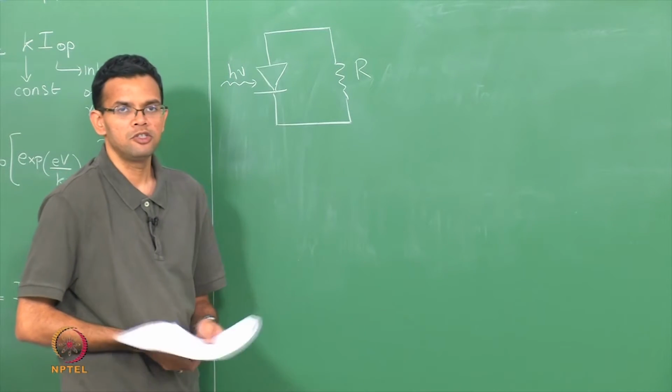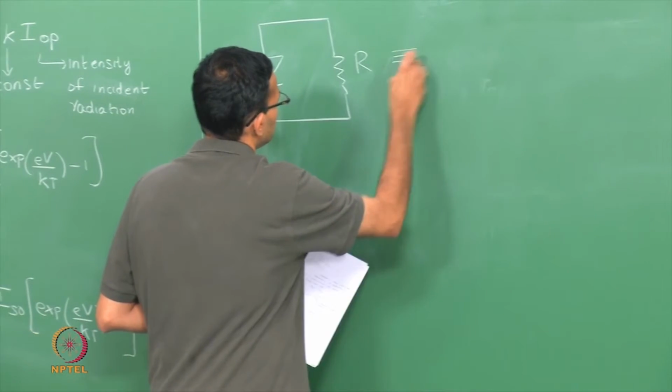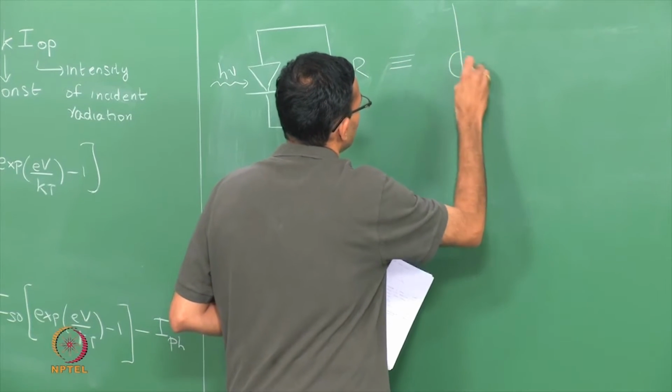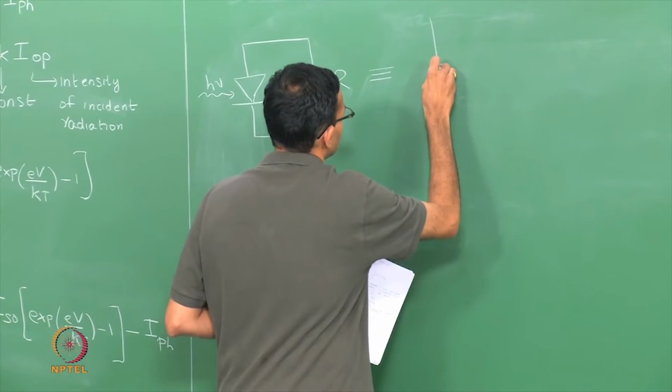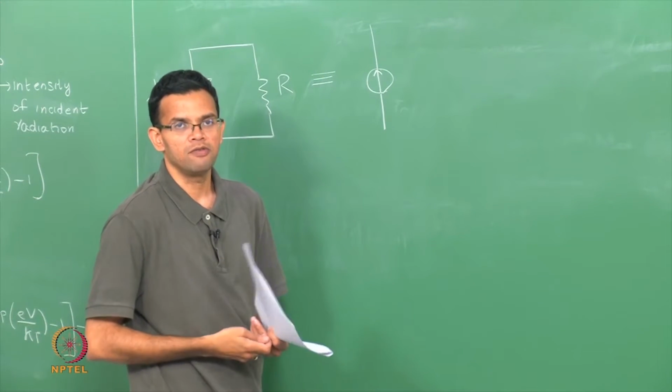So, it is possible to draw an equivalence circuit for that. In that case you have a constant current source, which is your photo current generated because of the incident light.